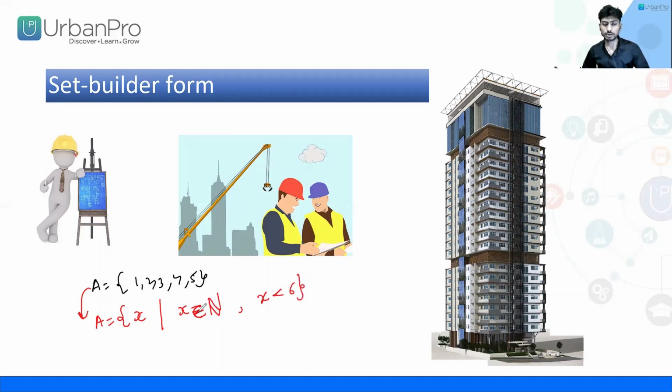You do not need to write that it starts from 1, because all natural numbers start from 1. Or, if you want to, you have to use the less than or equal to sign, because 1 is contained. So this is a set builder form by which you can build the whole set.